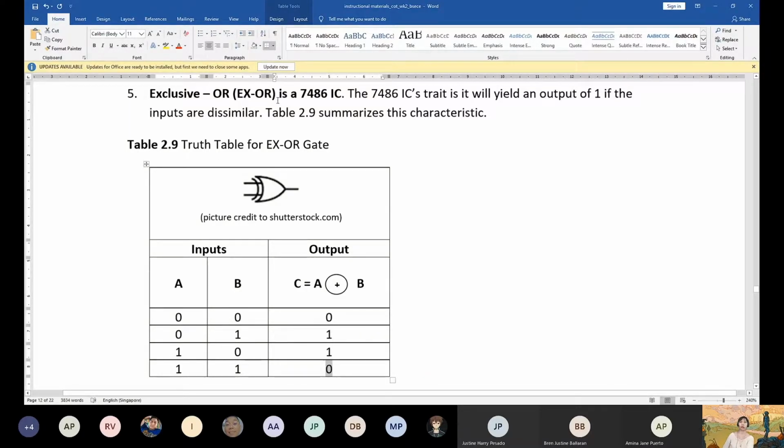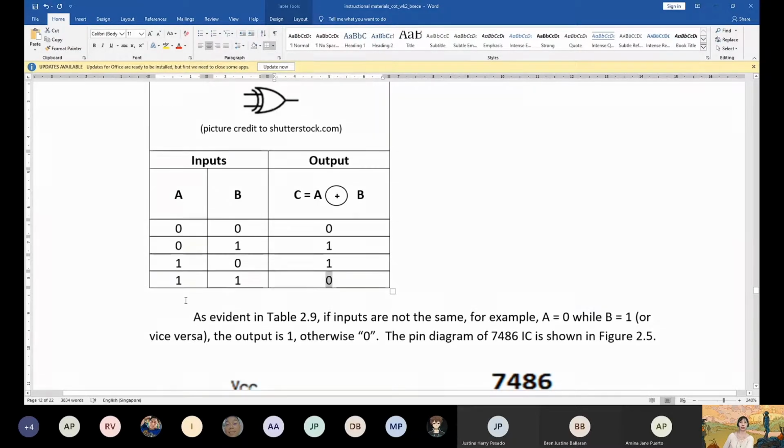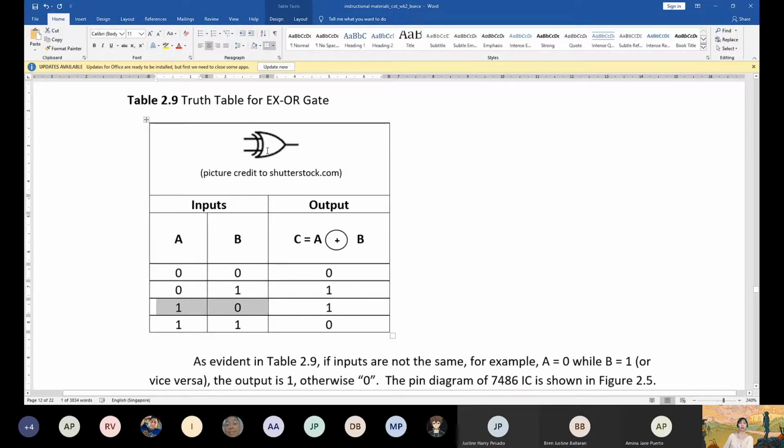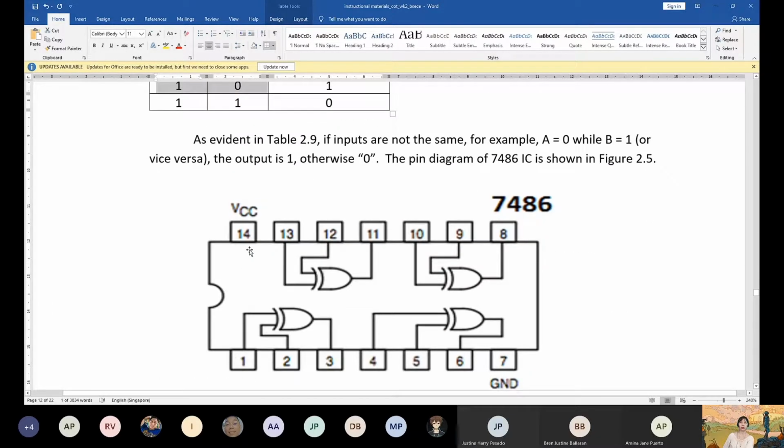Therefore, whenever you see a Boolean expression equal to A prime B plus AB prime, that means you can represent it by a single XOR IC.